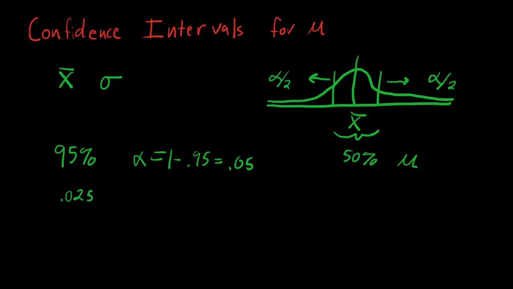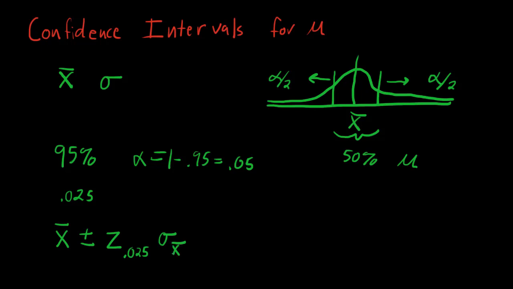So to find our confidence interval, we take our x bar value, and we add and subtract, because we have a symmetric distribution, so it's even on either side. Add and subtract our z value, which corresponds to that alpha divided by 2, so 0.025. And then we multiply that by our sigma for the distribution of our x bar values, so sigma sub x bar.